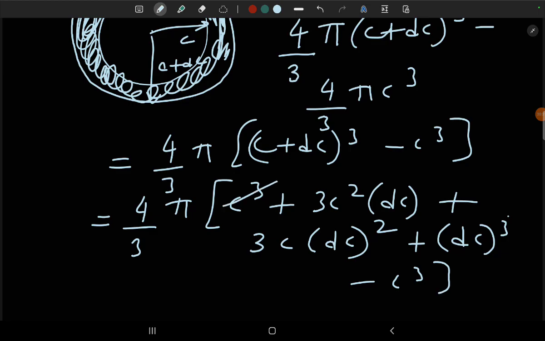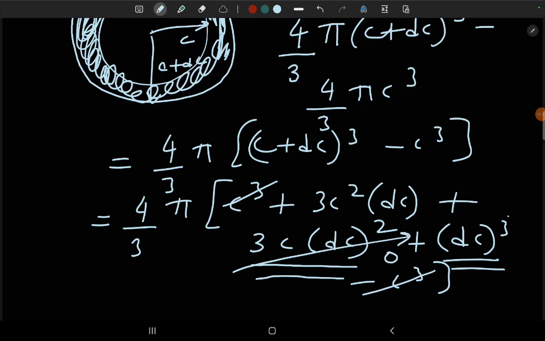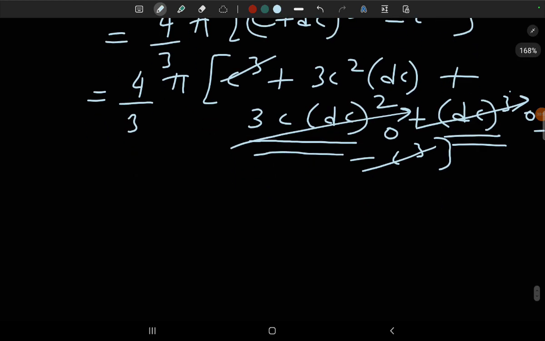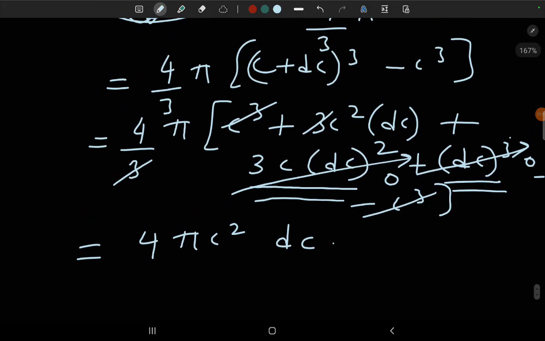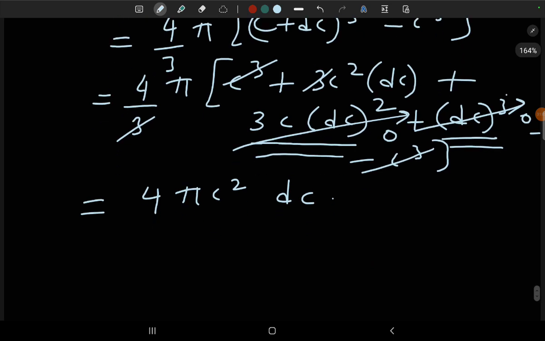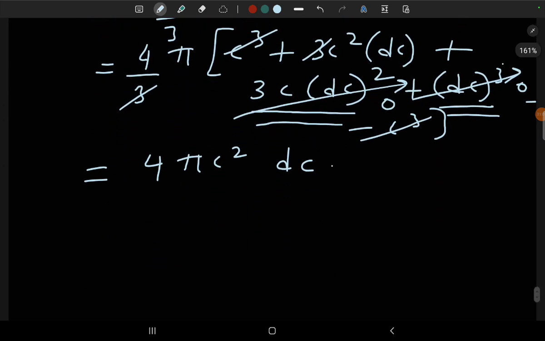So this c cubed will cancel out, and these are all the higher order infinitesimal terms with the power more than 1, that is, they can be taken as 0. Since they are already infinitesimal, cubing them would make them even closer to 0, negligible. So the answer is 4 pi c squared dc. This is actually the volume of the shell, right?